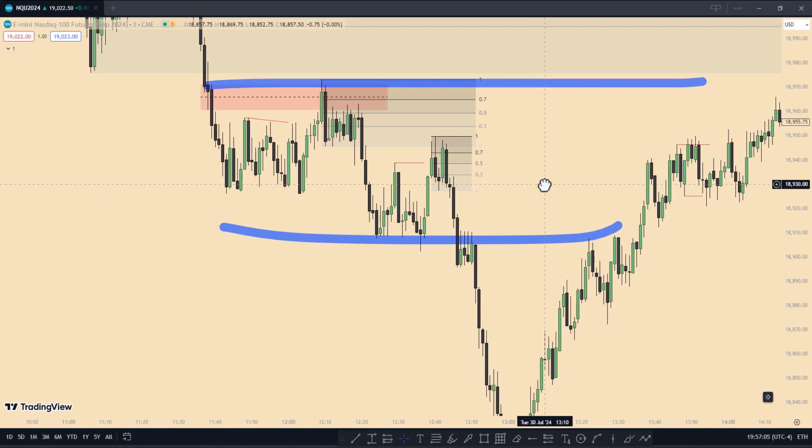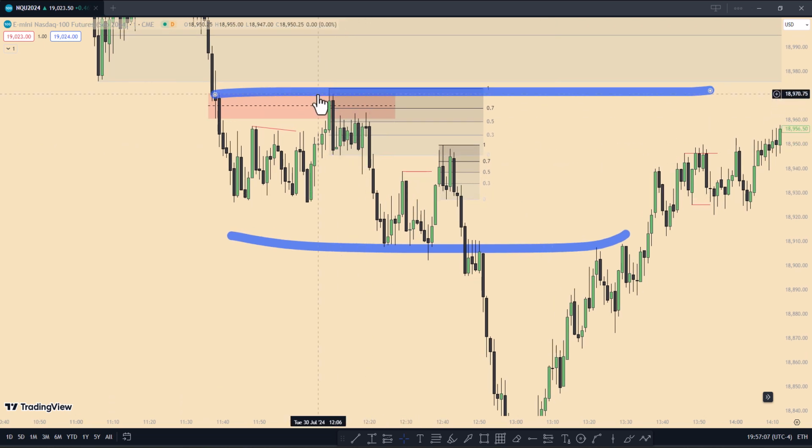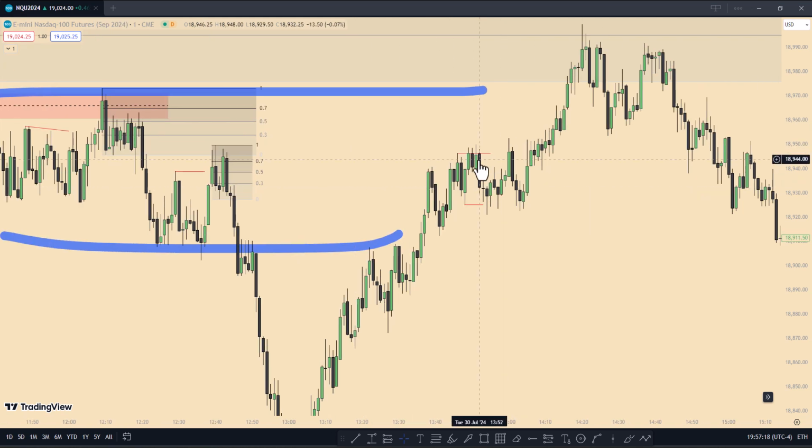Just like what happened, for example, here: we have a sweep on these lows or highs, and then the break of structure happens. So this is a good area to short from, but this is not the best formation that you want to trade in. Another sweep right here, but as you can see, one more time failing to make this.